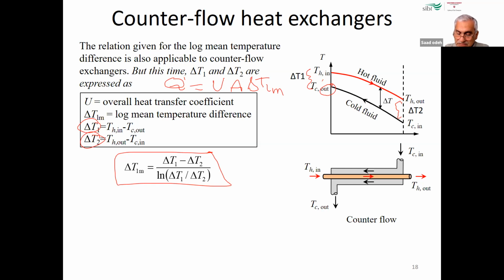You just follow this graph and you see that delta T1 is the hot fluid in minus cold fluid out, and delta T2 is the hot fluid out minus cold fluid in. Okay, so that's the only difference between the counterflow and parallel flow cases.